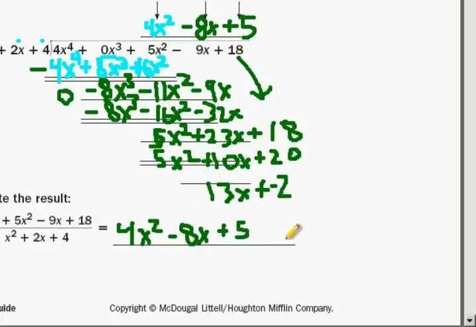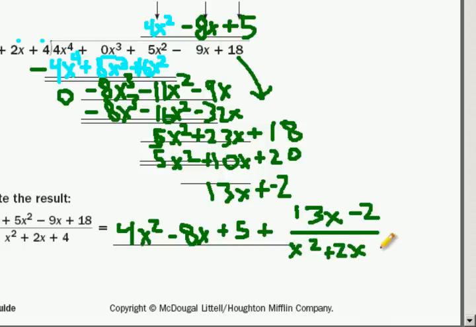And remember that whole remainder thing we talked about? Here's how we deal with that. Remainder, 13x minus 2, and we take our remainder and we put it over top of the original, x squared plus 2x plus 4. And that's how we deal with that remainder.